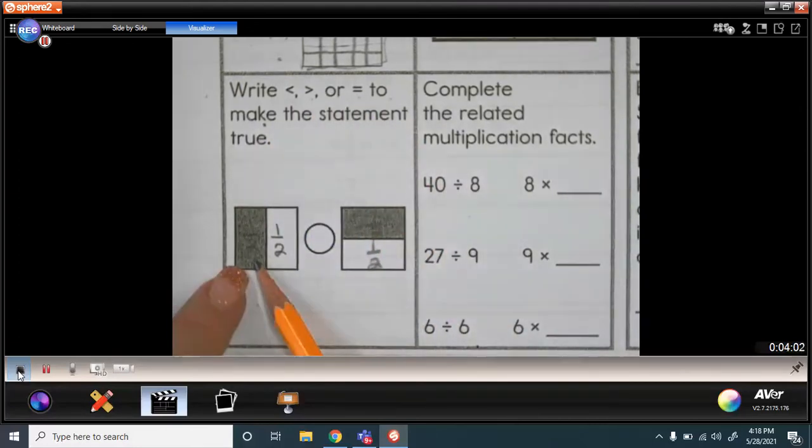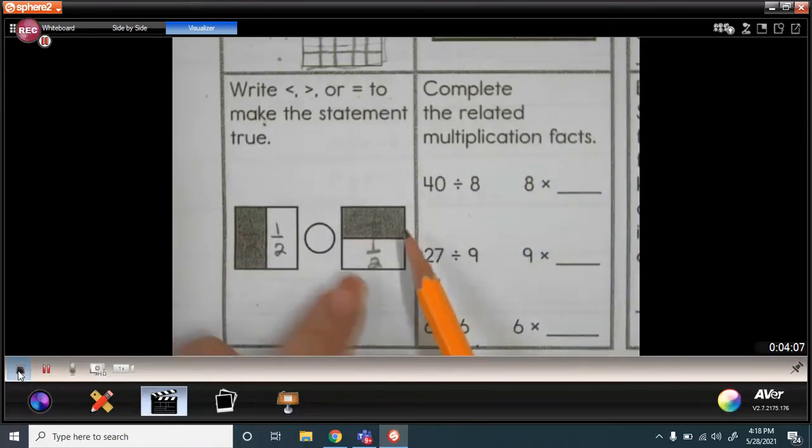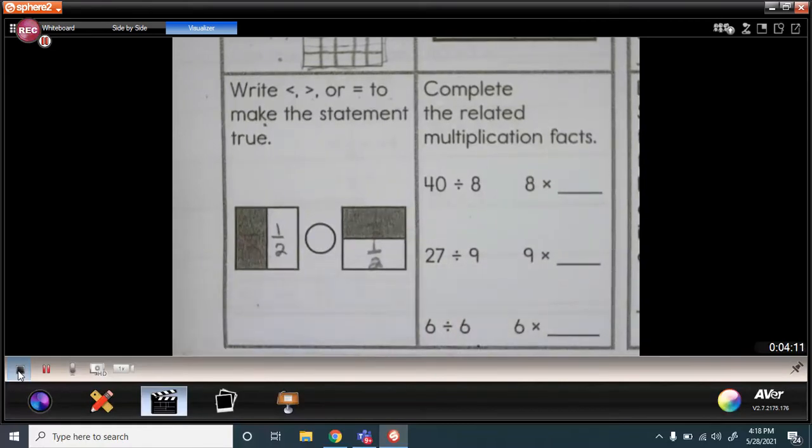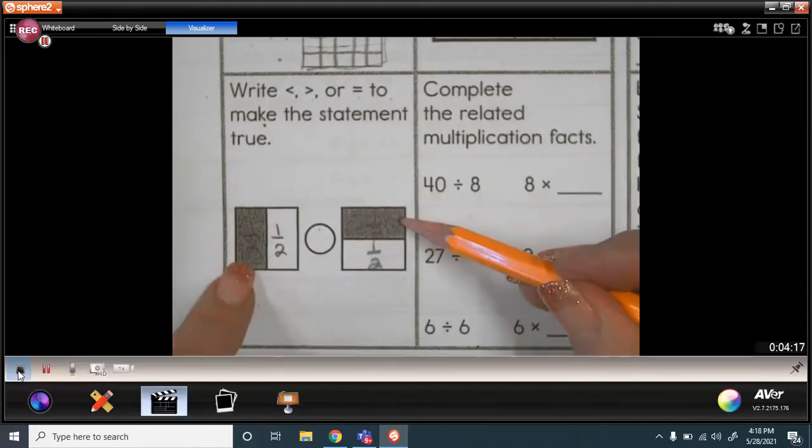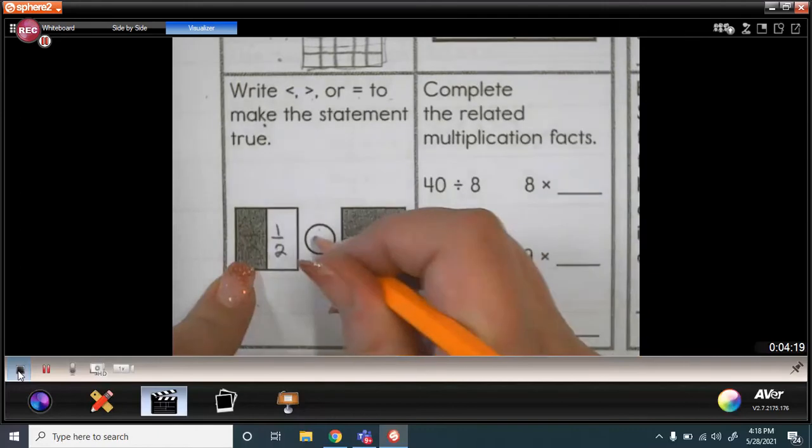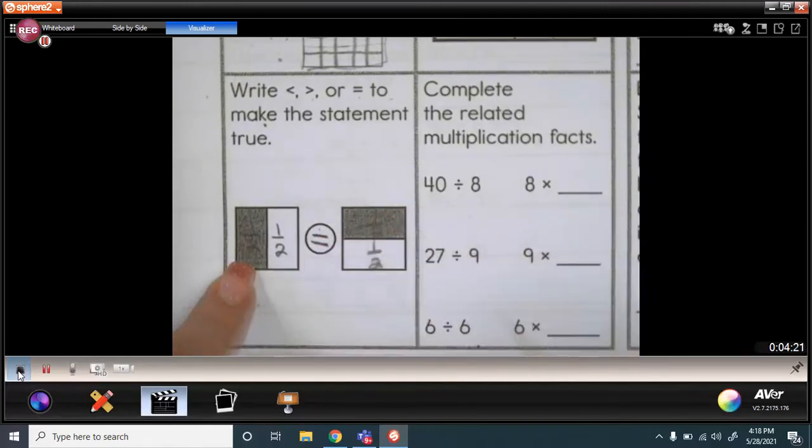So if I have this half of my square shaded in, and I have 1/2 of this square shaded in, are these less than, greater than, or equal to each other? Well, since they're the same fraction of the same whole, we know that these are going to be equivalent to each other.